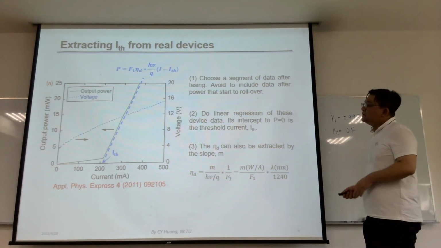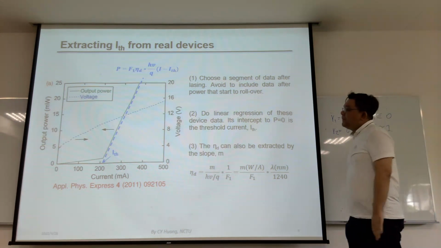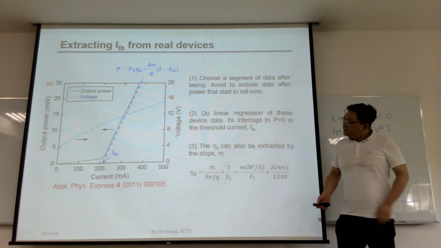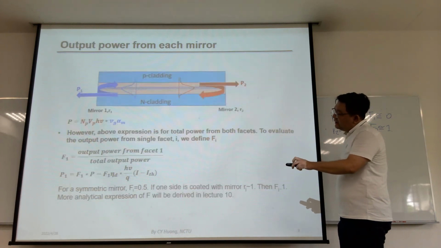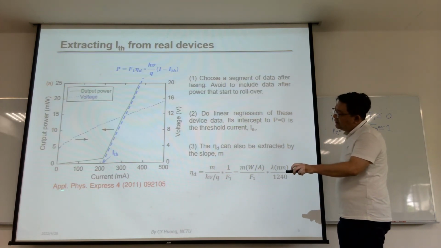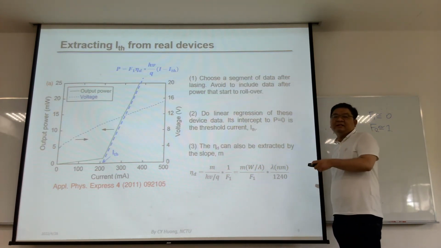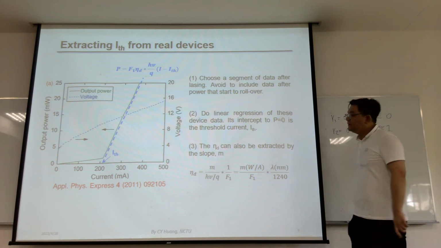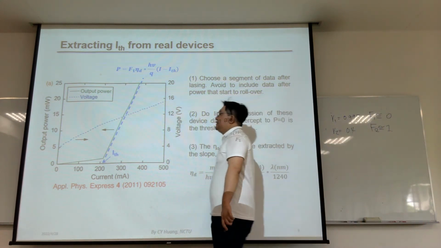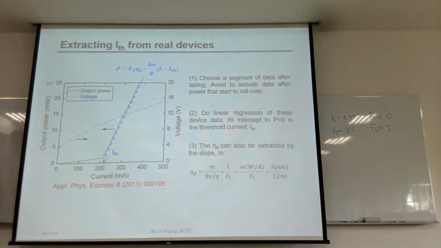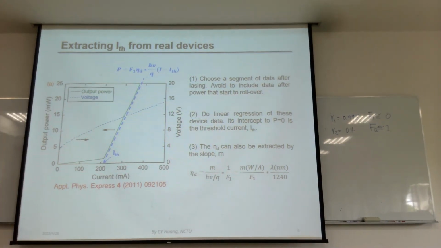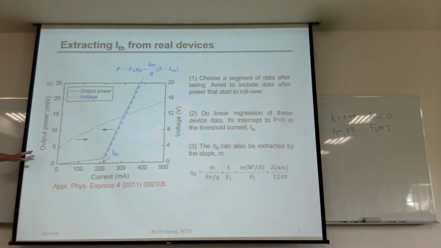So if we find a paper, this is really a paper I found from Applied Physics Express. This is not my data, it's some other people's data. And now the professor asks you to extract the threshold current density, if the paper forgot to tell you.